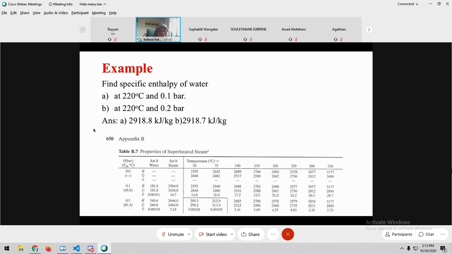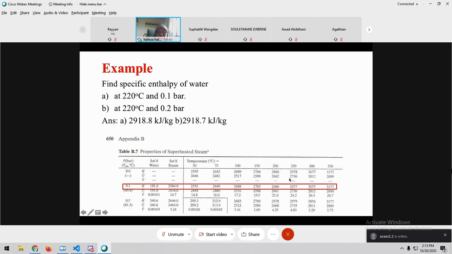Okay, good. There's another example here. This is superheated steam. You need to find the specific enthalpy, which is capital H, at a temperature of 220. Unfortunately, 220 is not given. You only have 200, you have 250. The pressure is 0.1 bar. 0.1 bar is there, but the temperature is not there.